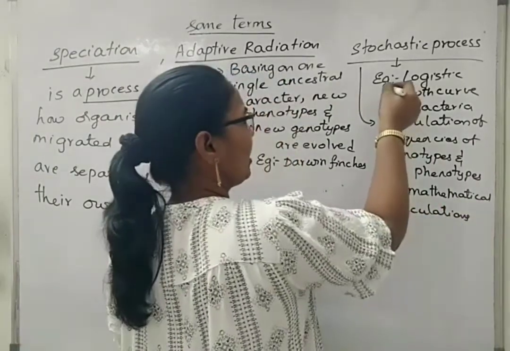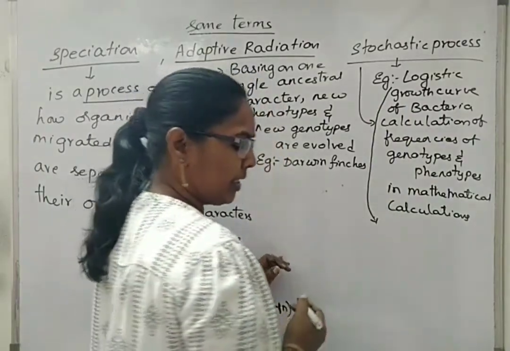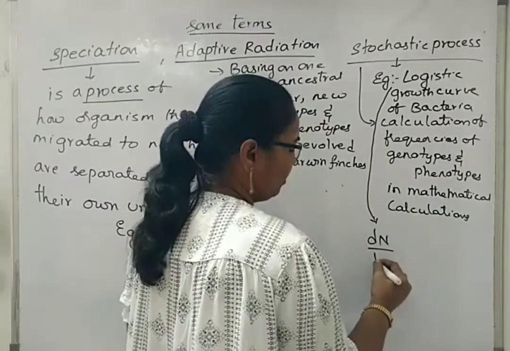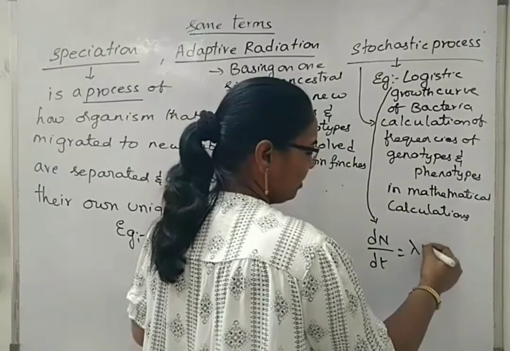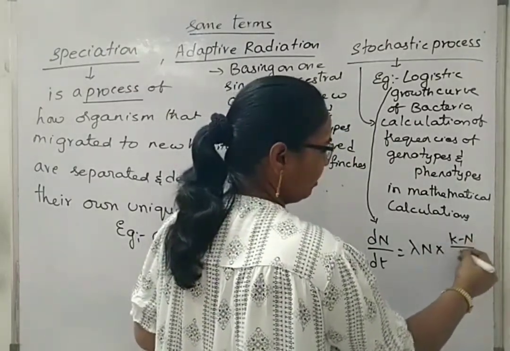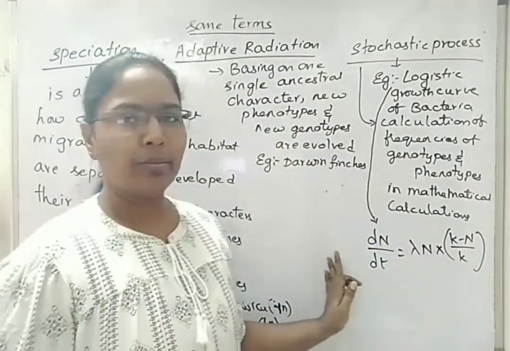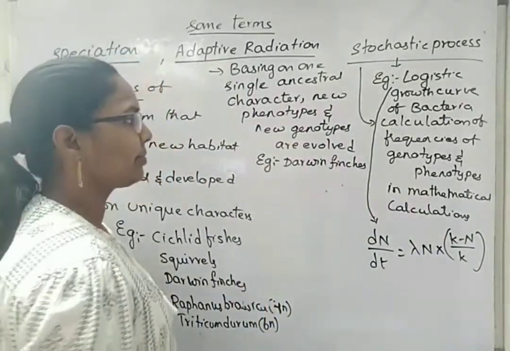Because if we consider the logistic growth curve, there will be one equation to represent it, that is dN by dt is equal to lambda N into (K minus N) by K. This is one of the equations. Just try to remember, this is also an important equation to study.